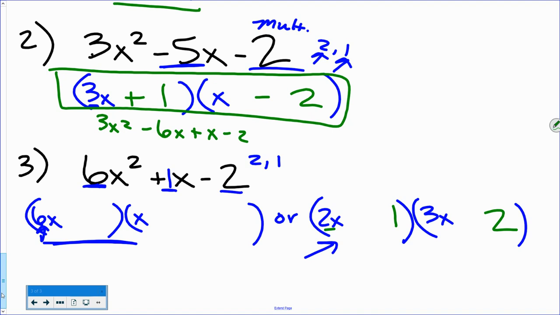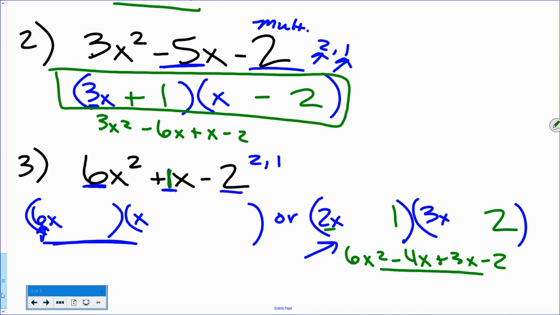All right, and then I need one of them positive, one of them negative. I'm going to double check that my signs are correct because they're not. So I've got 6x squared here. I've got negative 2 times 2x would be negative 4x plus 3x, then minus 2. So I got a negative 1x instead of positive 1x. So that means I have my signs flipped the wrong way.